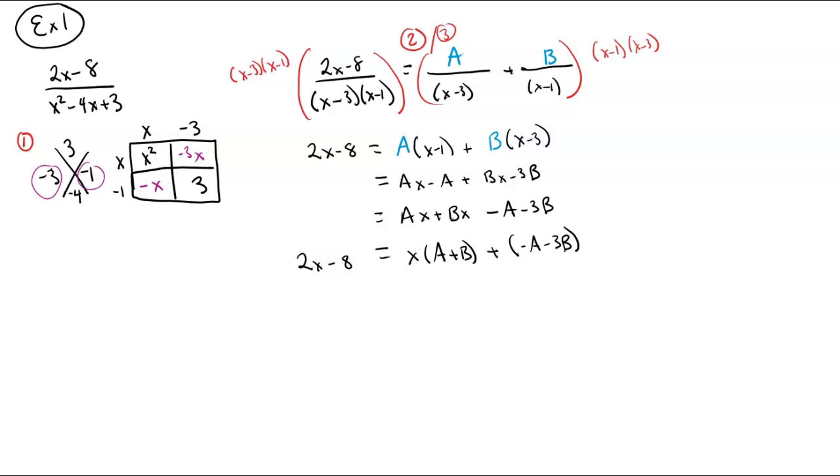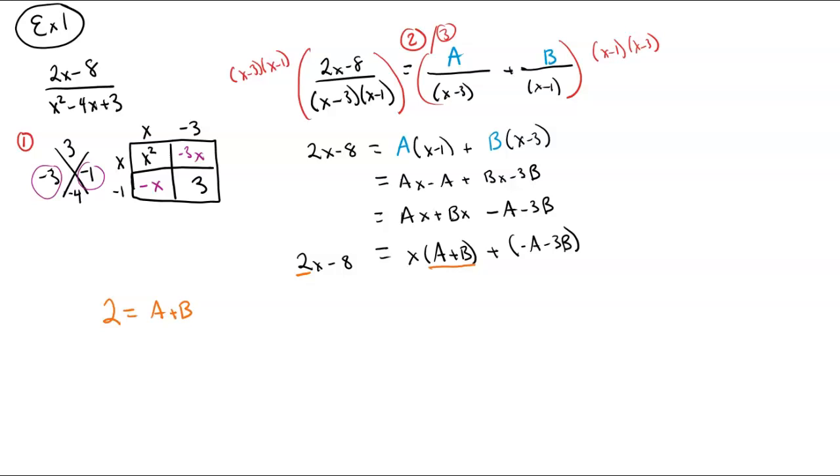So if you think about this, the 2 in front of your x is a coefficient. And that's like saying the a plus b is also a coefficient. So that's going to be one of our systems. So I'm going to say 2 is equal to a plus b.